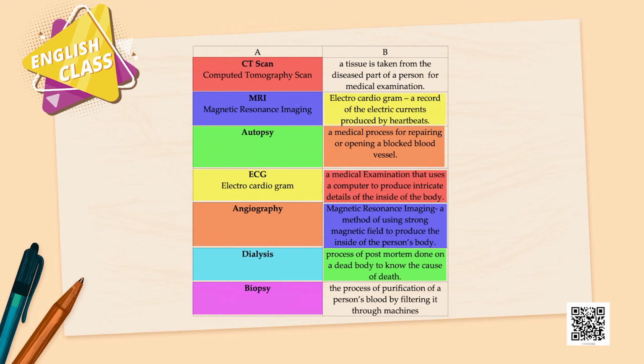The next term is dialysis. Dialysis is the process of purification of a person's blood by filtering it through machines. There is one more term, biopsy. What is biopsy? It is a tissue taken from the diseased part of a person for medical examination.